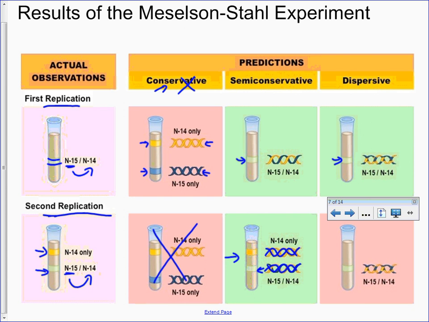So you'd expect nitrogen-14 only DNA at that higher level, which is what was seen in semi-conservative replication. With dispersive replication, because you're always getting mixing of the 2 strands of DNA, you would only ever expect to get 1 band. Because 2 bands were seen, it could rule out dispersive mechanisms. And so semi-conservative was determined to be the mechanism through which DNA replicated.